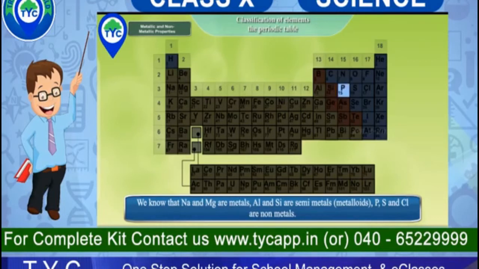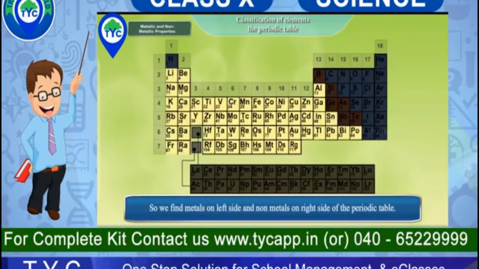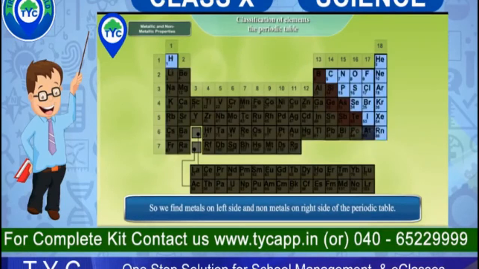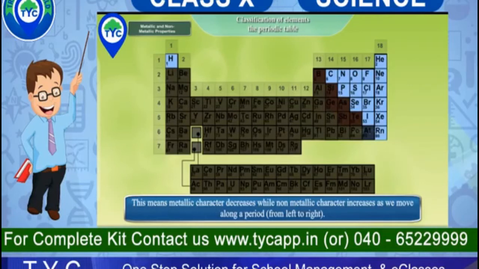P, S and Cl are non-metals. So, we find metals on the left side and non-metals on the right side of the periodic table. This means metallic character decreases while non-metallic character increases as we move along a period.